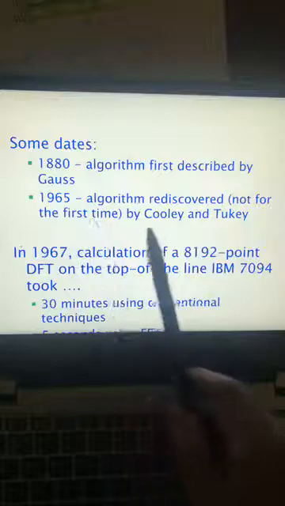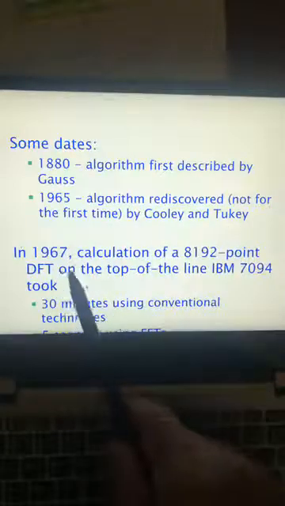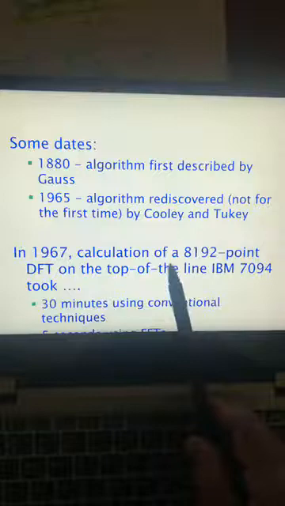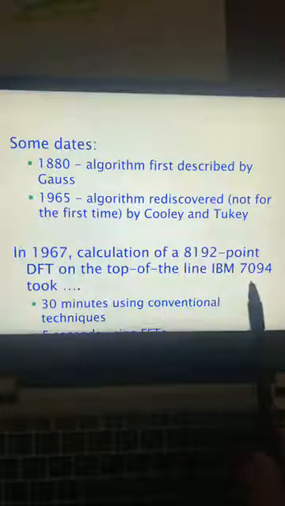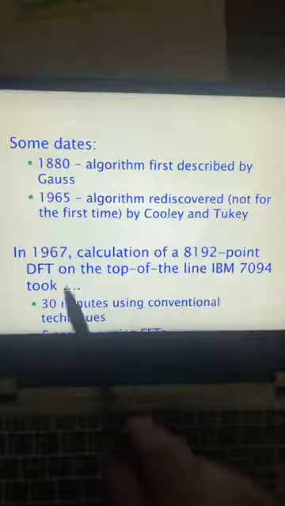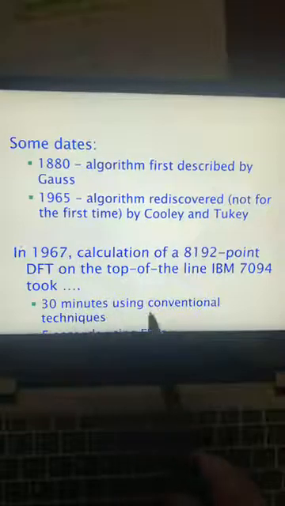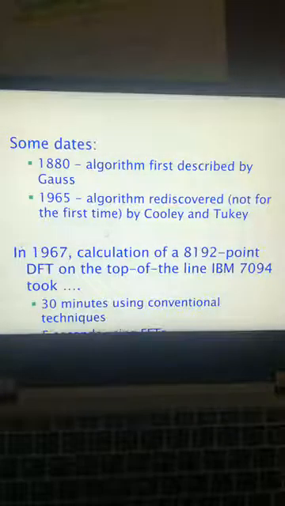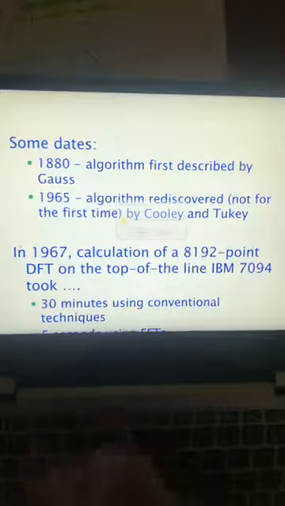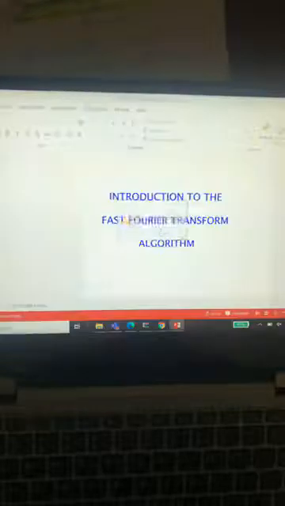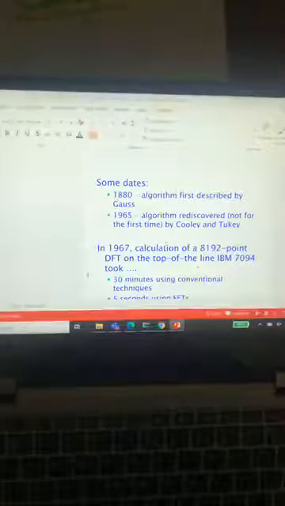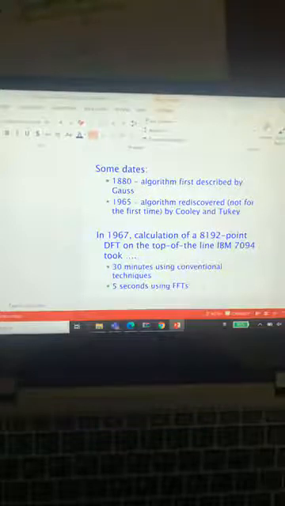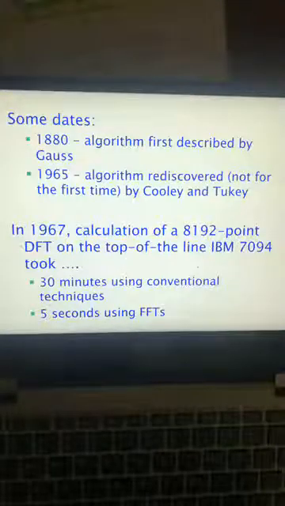In 1967 they demonstrated that a top of the line IBM 7094 machine would calculate a DFT in 30 minutes, whereas they showed they can do the same in only a few seconds, as I told you earlier, in a matter of 5 seconds. So sorry, this has gone down for some reason. So only in 5 seconds.